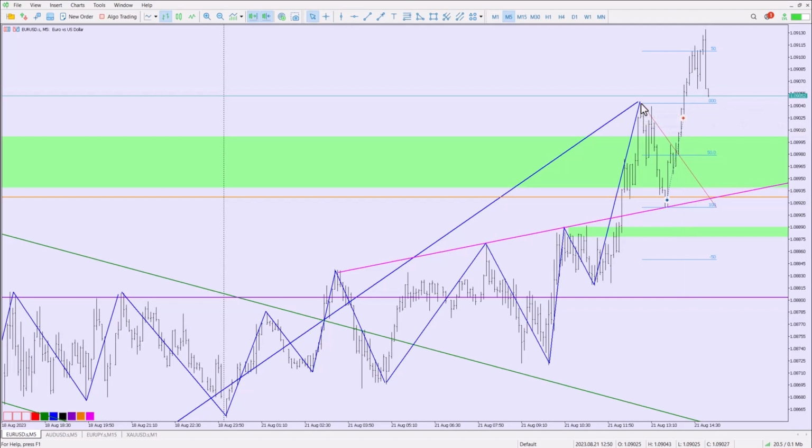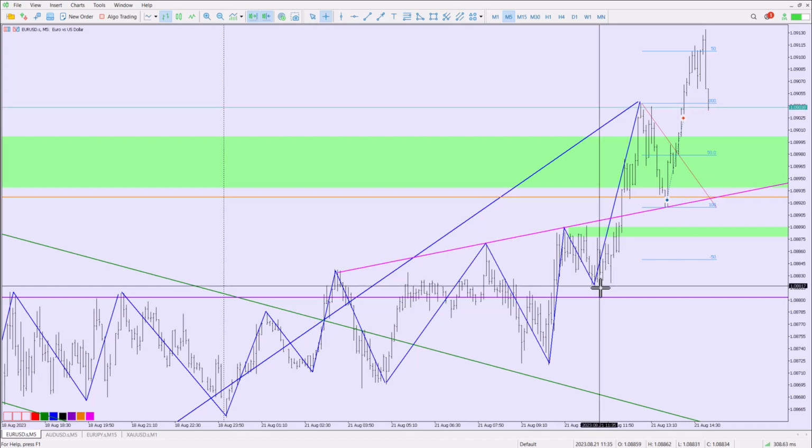But if you put your target a little bit lower than the high, the probability of the price hitting that target is much higher. So you enter at the low, you put your target a little bit lower than high, and you put your stop loss at the previous low, wherever it is, plus the spread.